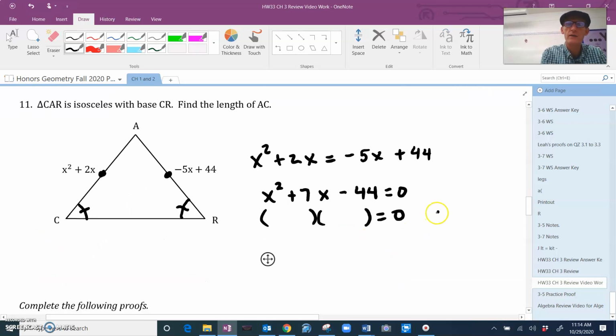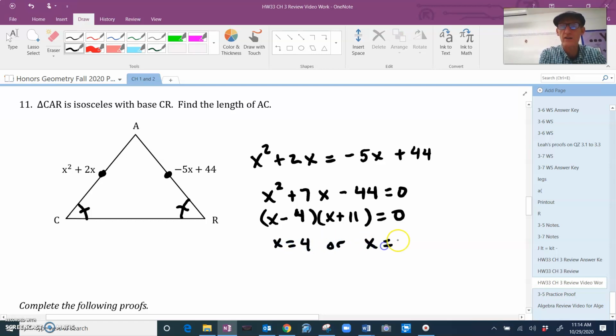So I get x minus 4, I guess, and then x plus 11, because 11 times negative 4 is negative 44, and 11 minus 4 is 7. So we now can say that x equals 4 or x equals negative 11.